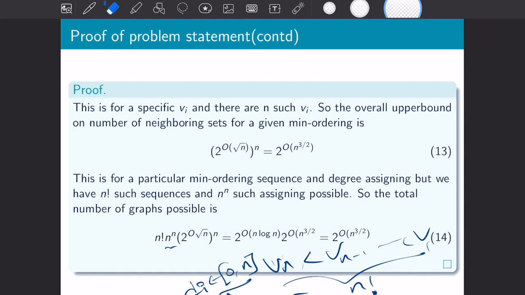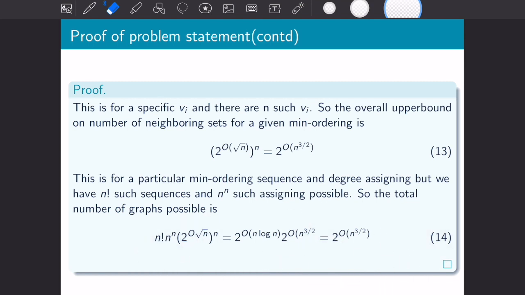So these are the three terms. The first term, n factorial, is formed due to the number of ways in which we can select our min-ordering sequence. n power n is formed due to the number of ways in which we can select the degrees of the vertices, and 2 power order of n power 3 by 2 is formed due to the number of ways in which we can select our neighboring sets for the vertices as a whole.